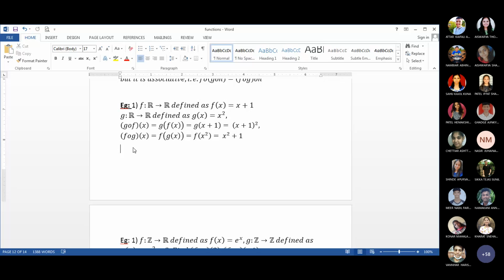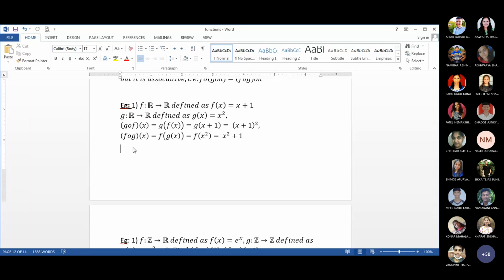So I get f of x square. And the way in which my f of x is defined, that is x plus 1, f of x square, I get x square plus 1.